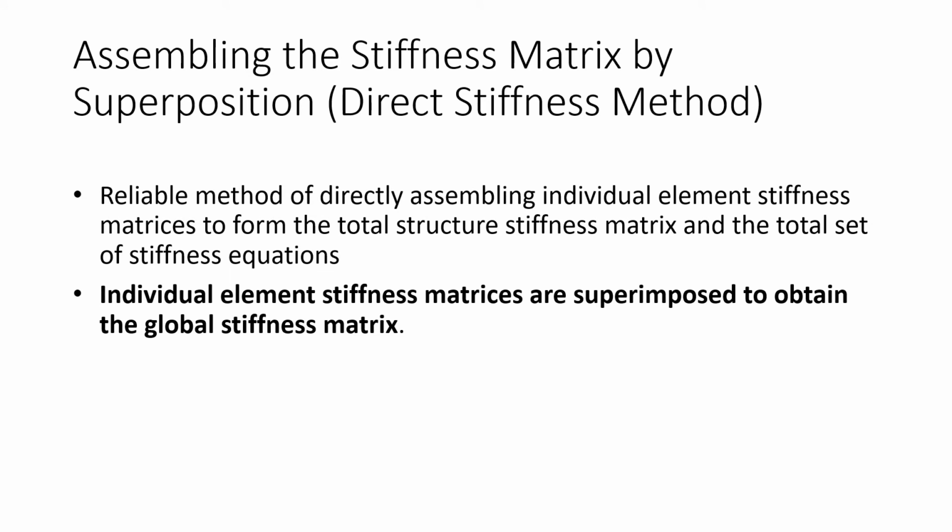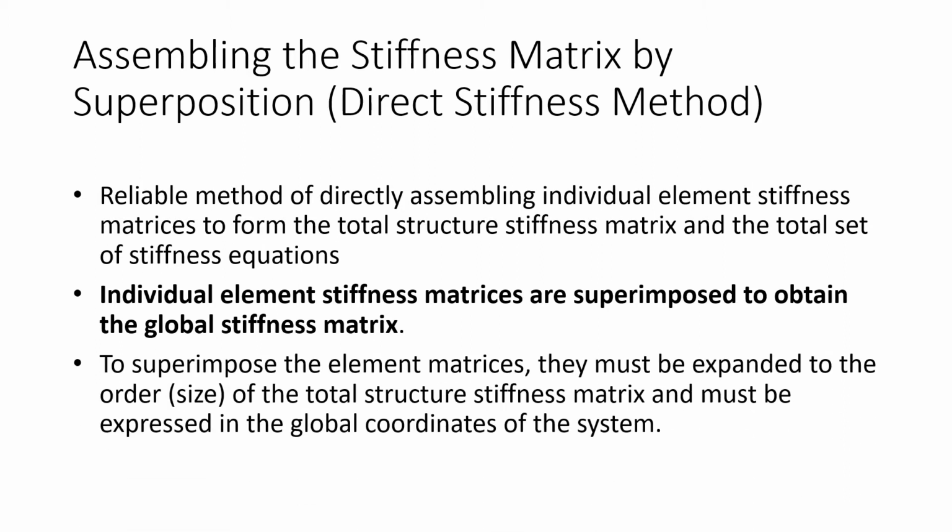Individual element stiffness matrices are simply superimposed to obtain the global stiffness matrix. In order to superimpose the element matrices, they must be expanded to the order or size of the total structure stiffness matrix, and they must also be expressed in global coordinates of the system, as we're going to be seeing in following chapters.